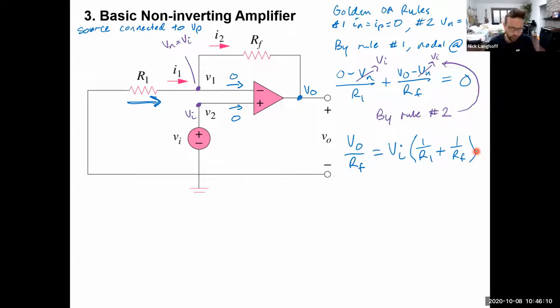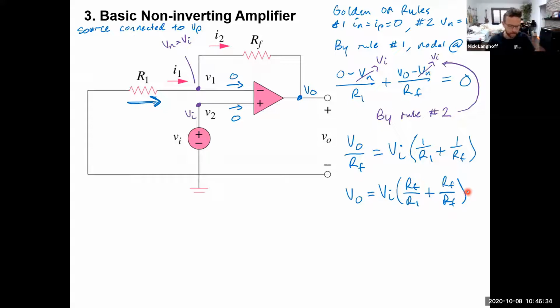All right. Now, if we multiply both sides of the expression by RF, we get that V out is equal to VI times, I'm going to factor this in here just like this, RF over R1 plus RF over RF, right?